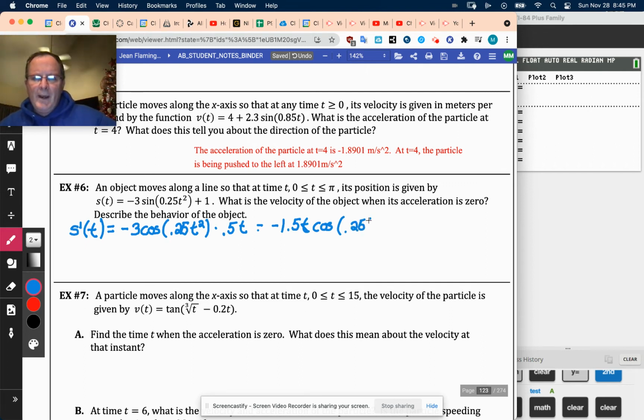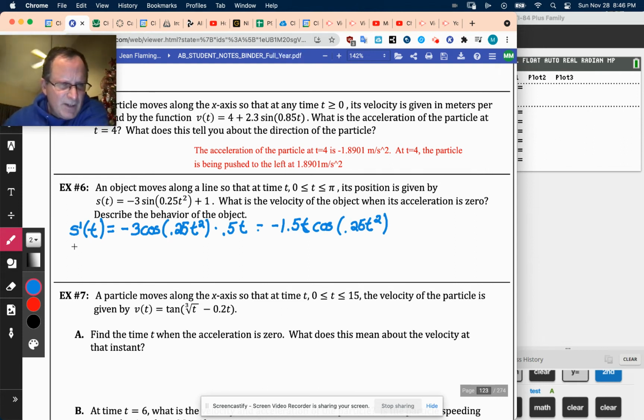I could go from there, but as far as using the graph, because if I have the velocity, I want to know when that slope is equal to 0. A graphing calculator will show me exactly when that is. But if we wanted to go again and find the acceleration, we'd have to do product rule, which isn't terrible. I think I'll do it both ways.